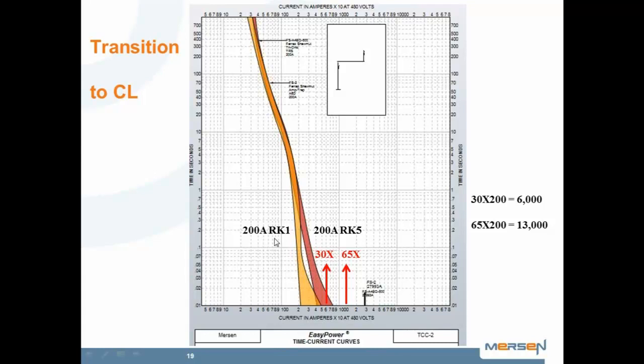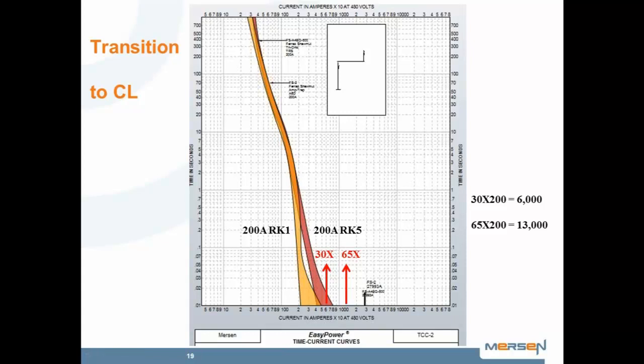I have set up a 200 amp RK1 and a 200 amp RK5. They are pretty much identical if we look at the two fuse curves, but the UL standard says one has to go into current limitation.